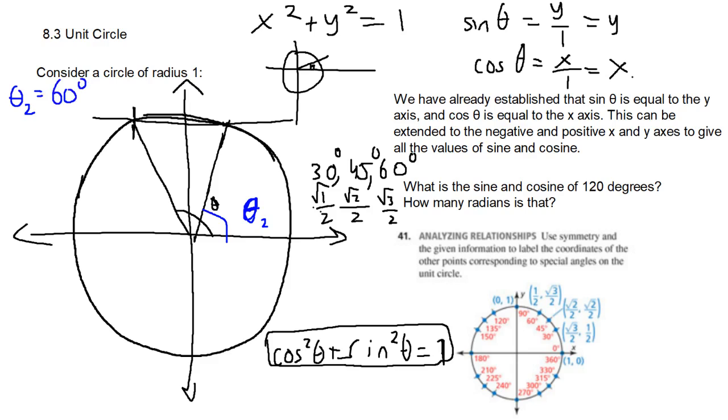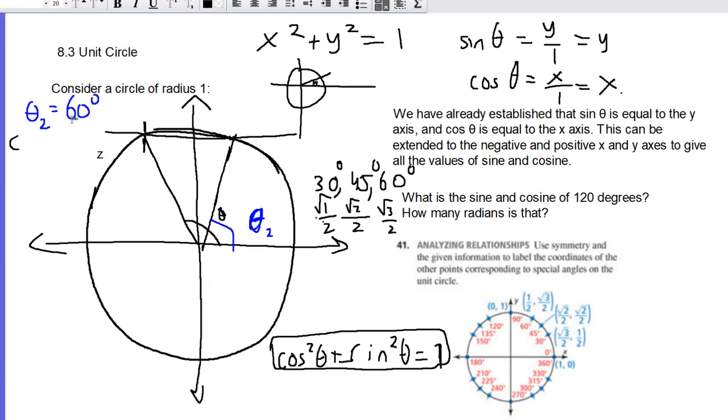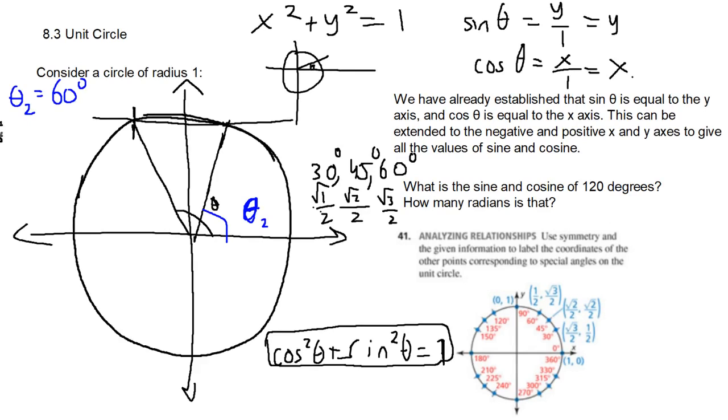So sine of theta 2, we already know, is equal to square root of 3 over 2. Since they're the exact same height, the sine of theta is equal to square root of 3 over 2 as well, right?